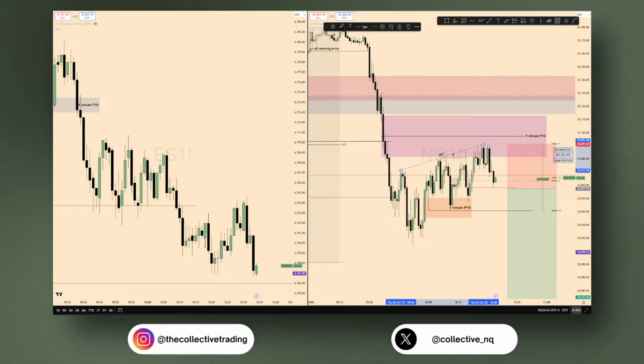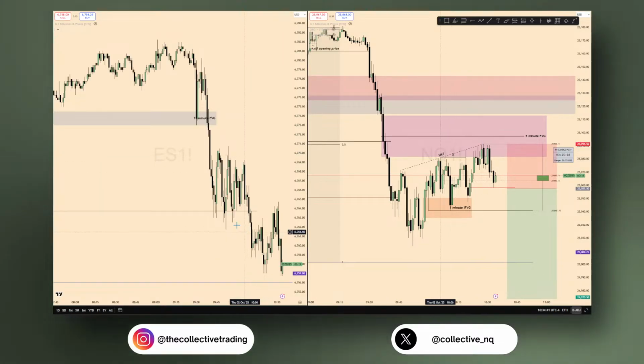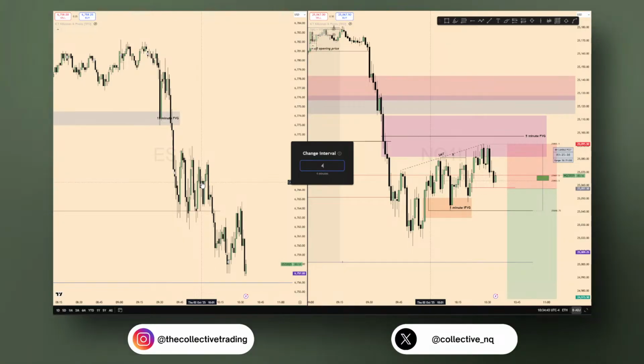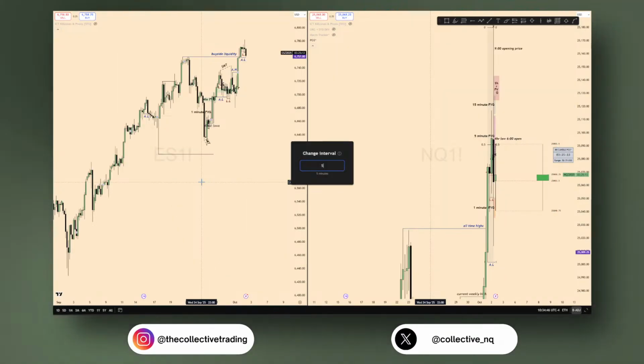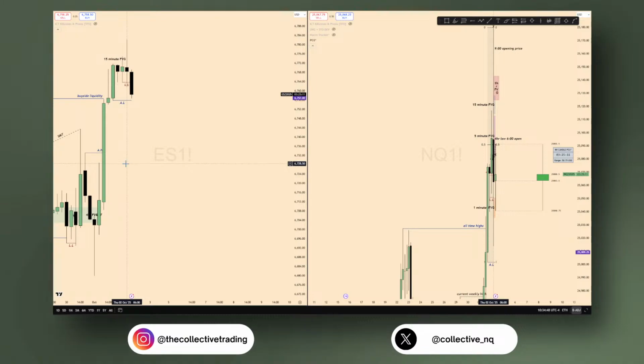So I will be getting in with the 5-minute change in state here. My only problem is ES is at London's low, or Asia's low. It's about to take it. What do you think about that? Well, I don't necessarily expect us to reverse from there, because from the open we've traded higher aggressively, and then we've now engulfed that entire move.